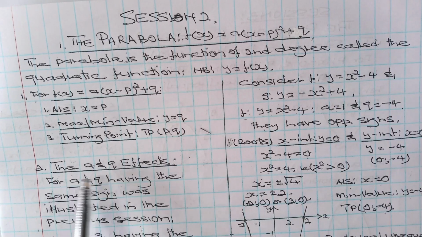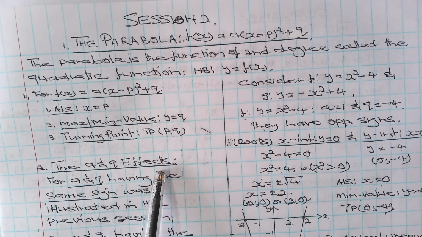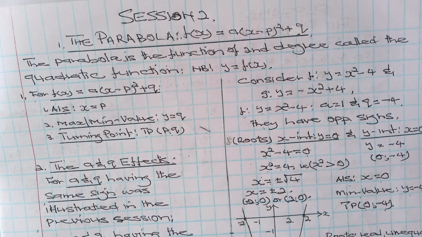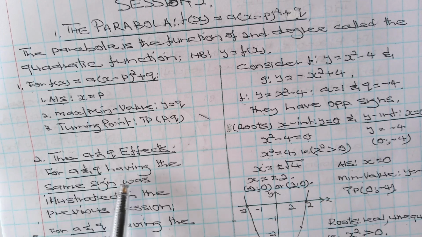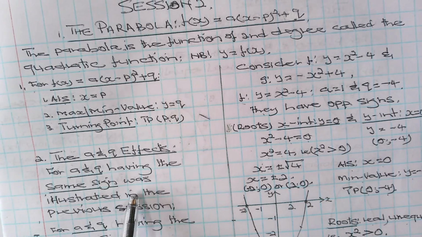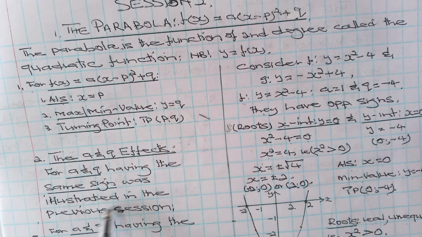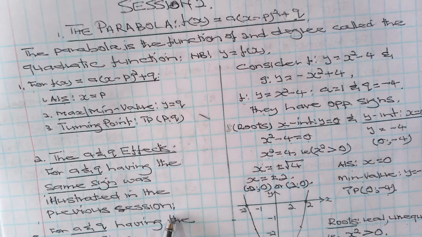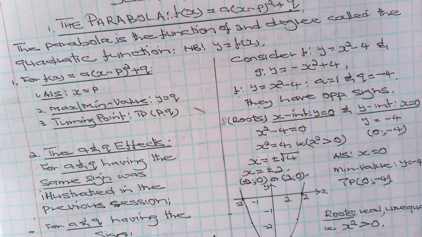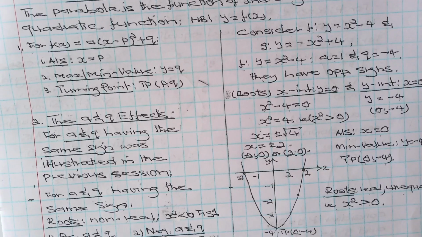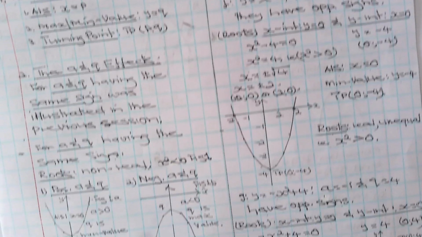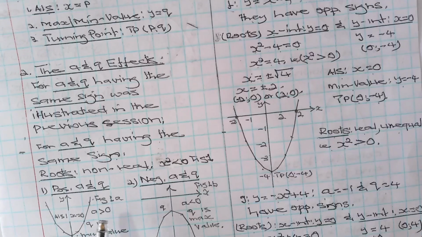The a and q effects are from the previous session. For a and q having the same sign was illustrated in the previous session. We have dealt with this extensively in session 1. Please refer to session 1 to see what I'm talking about. But I'm going to recap on that before we proceed with our session 2.